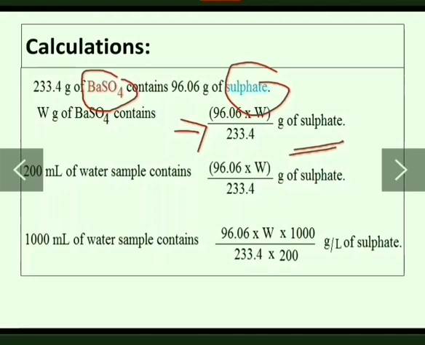Let's calculate for 1000 ml per liter how many grams of sulfate ions. So 200 ml contains this much, so 1000 ml contains how much? Cross multiply, again we get 96.06 into W into 1000 divided by 233.4 into 200 gram of sulfate.